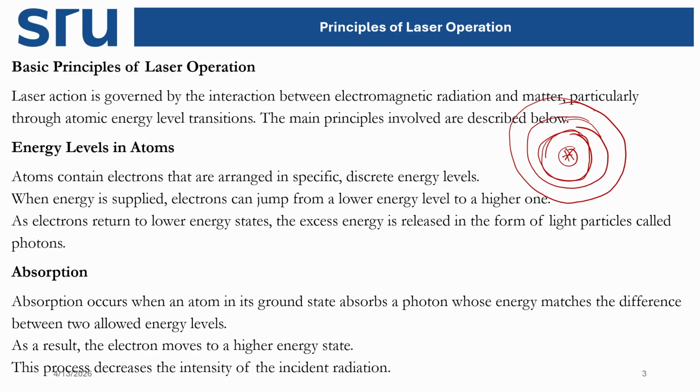When we supply some radiation or energy, the electron in one level can move to a higher energy state by absorbing that much energy. Then the electron in the high energy state can emit radiation called a photon. So photons can be emitted by higher energy state electrons.